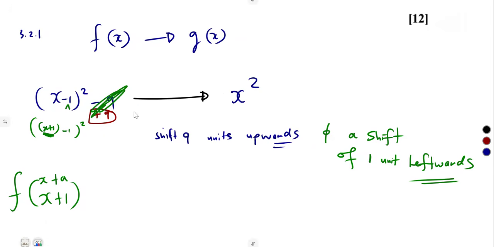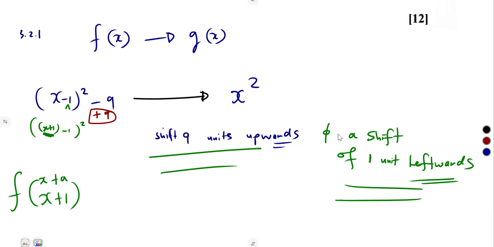But after that, you see there is x minus 1 squared. You substitute x plus 1 to get that x squared. So those are the two transformations that occurred. So we're going to answer with this: a shift of 9 units upward and a shift of 1 unit to the left or leftwards. You have answered your question.